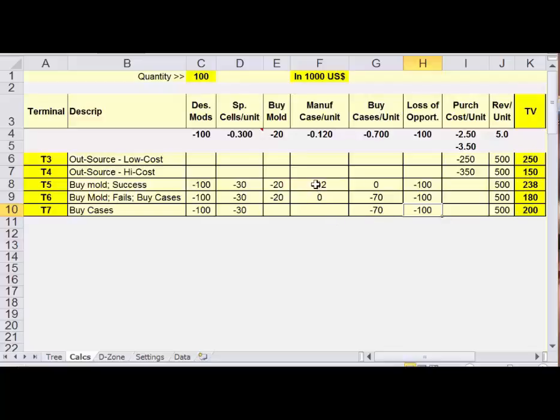Note, for example, if I want to look at the cost, how this came about, if I hit F2, it shows it is 0.2 multiplied by 100. If I come here and I look at it, it's 0.3 times 100. So that's how the table is set up. Once we have this data, we can go ahead and insert it into our terminal nodes. So we have 250 and 150.